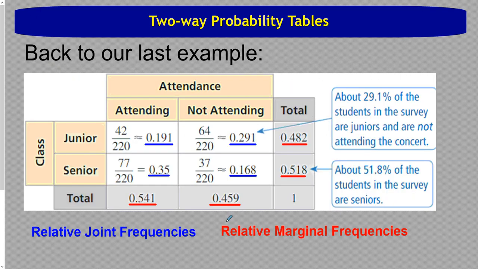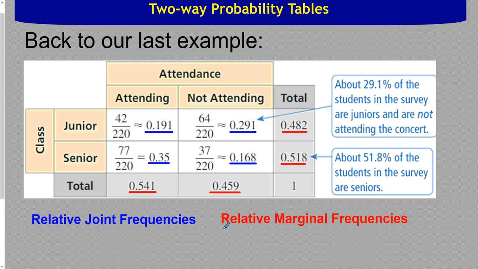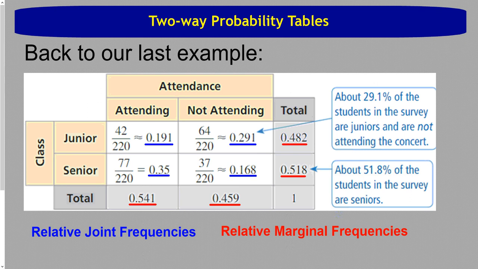Okay, so if we look at the exact same scenario, but back to the junior-senior dance example, I have my relative joint frequencies underlined in blue and the relative marginal frequencies underlined in red. So notice that there are 220 students total being surveyed, right?